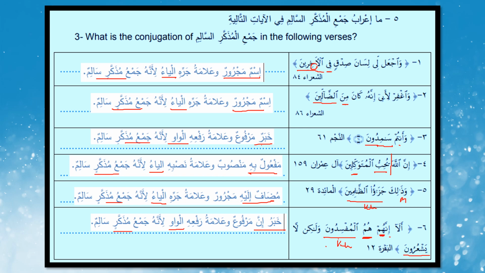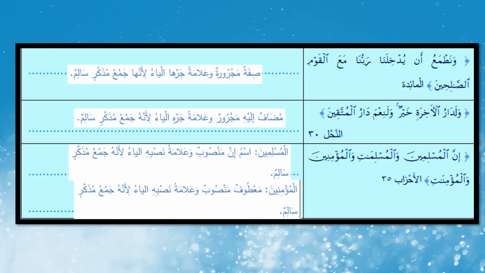Now let's check the other part of this question. وَنَطْمَعُ أَنْ يُدْخِلَنَا رَبُّنَا مَعَ الْقَوْمِ الصَّالِحِينَ. So where is the Jama muzakkar? Here. So what is the position here? Now let's see. An yudkhilana.